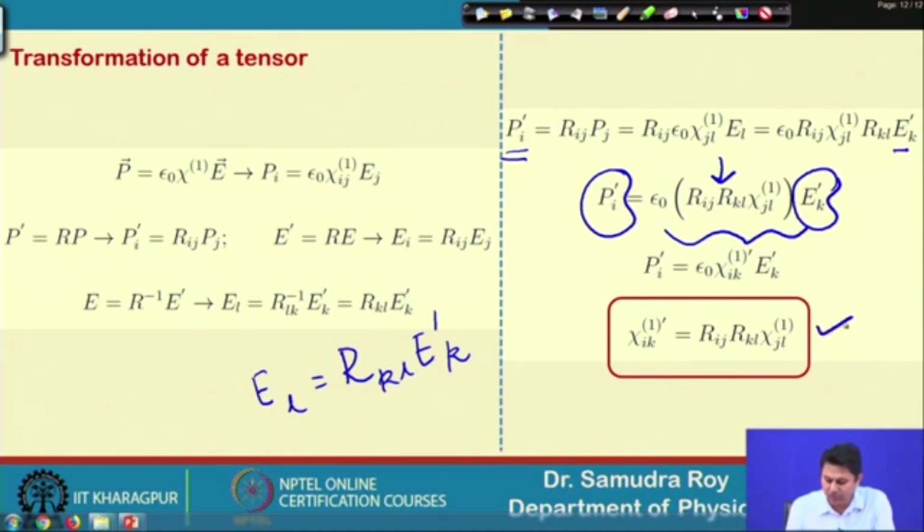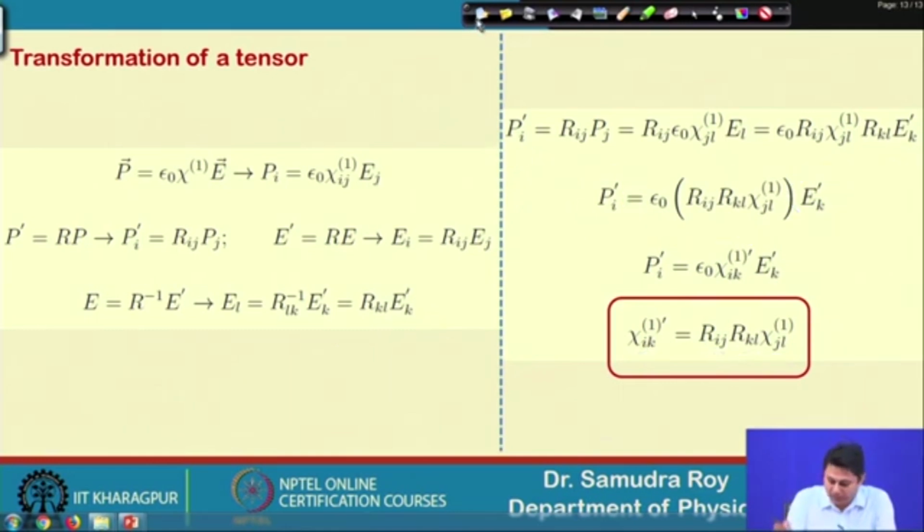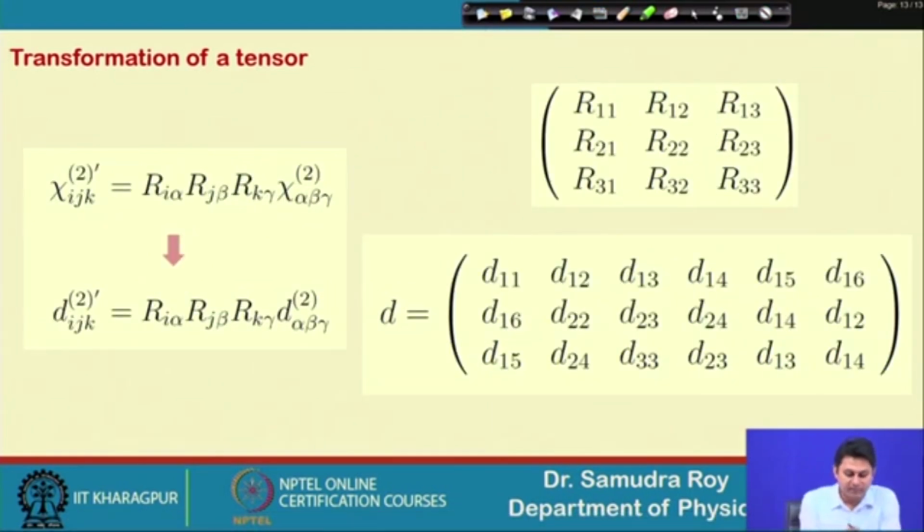This is the rule of transformation of the susceptibility tensor. The susceptibility tensor component ij in the prime frame can be represented in terms of the susceptibility tensor in the non-prime frame, jl, and is related to ij and kl with this notation. Well, after having this general notation, we can use it here.